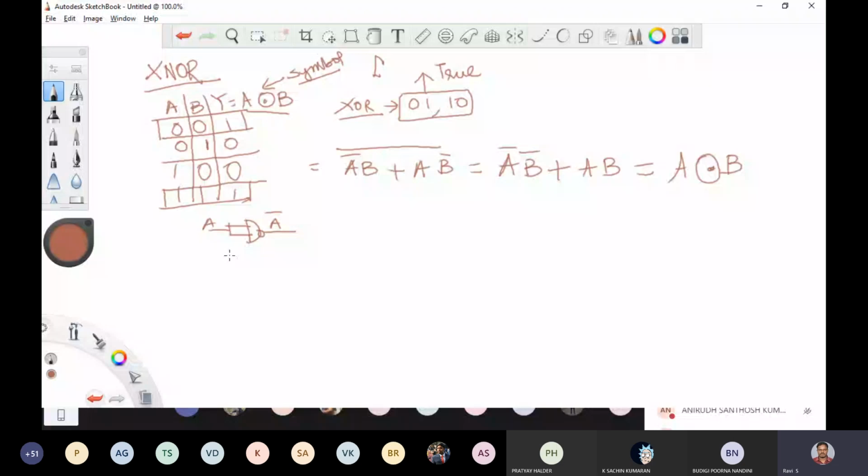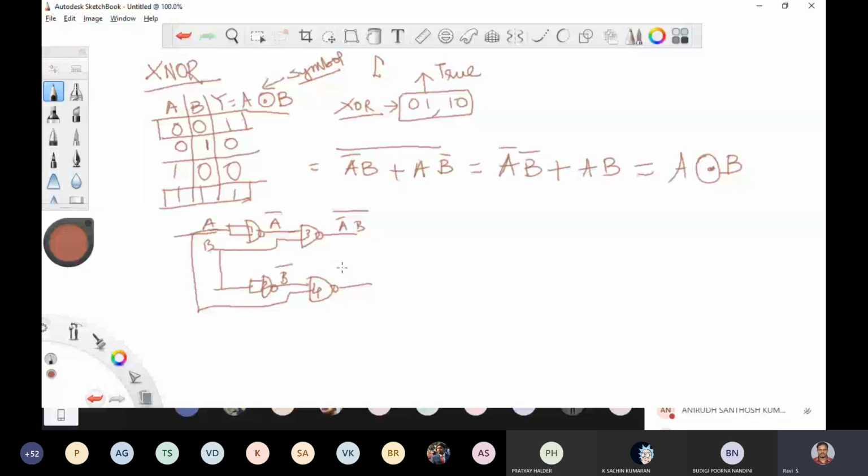Then again B bar, this is number 2. This is number 4, so B bar into A whole bar is the number 4 output. Number 5 will give you A bar B plus AB bar. This is what we derived.